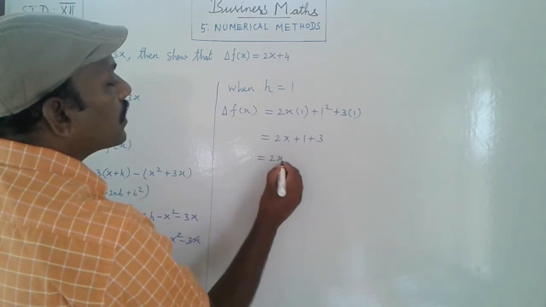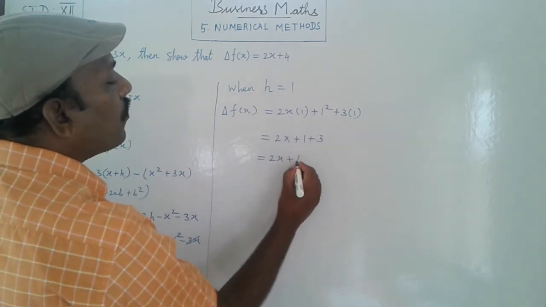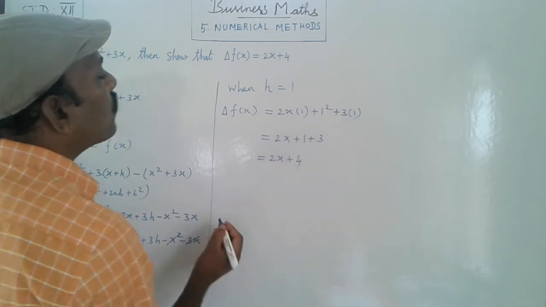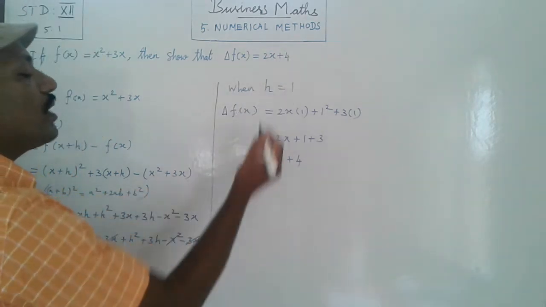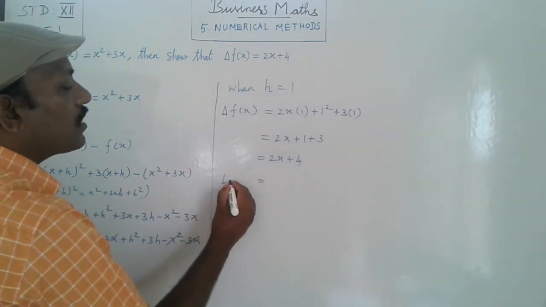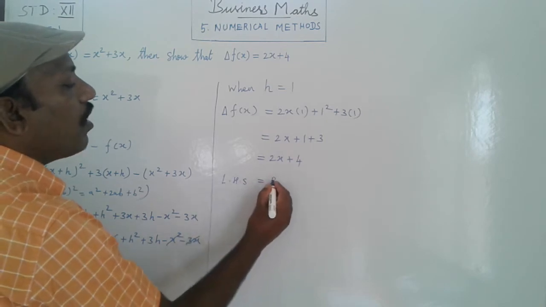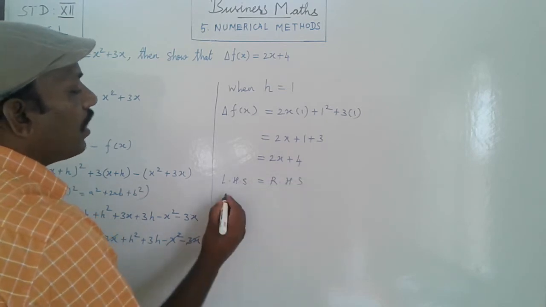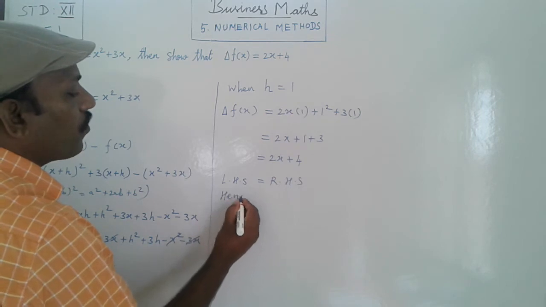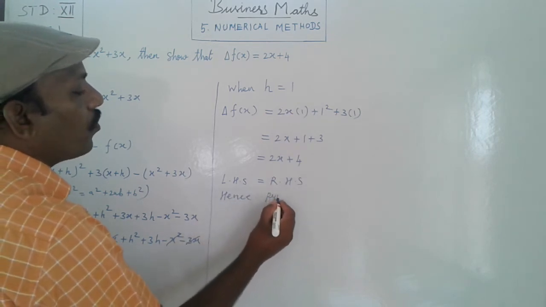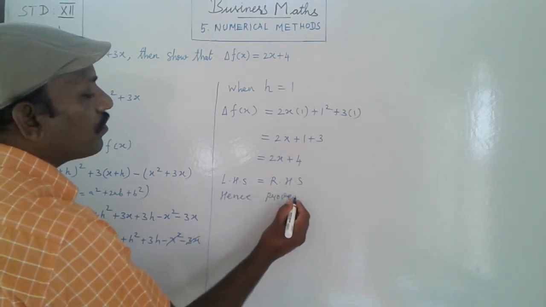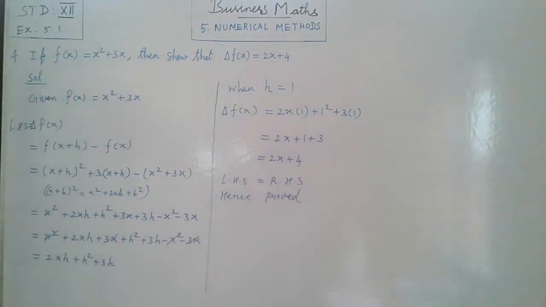So 2x plus 1 plus 3 is 4. 2x plus 4. So delta f of x equal to 2x plus 4. That is LHS equal to RHS. Hence proved. That's all.